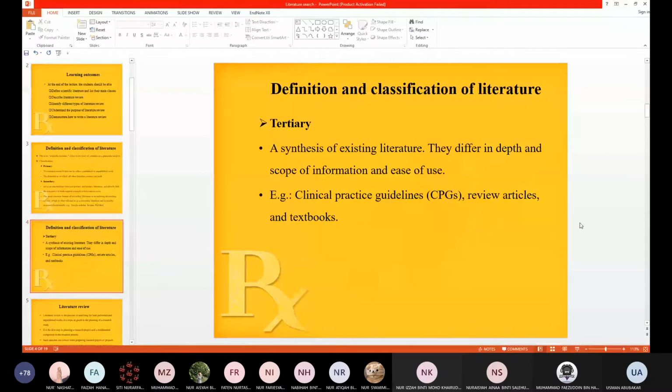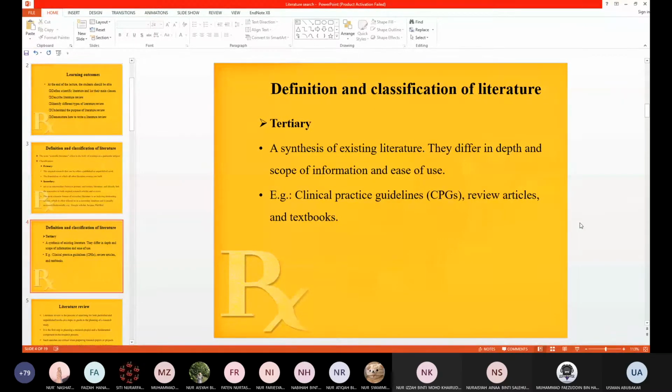The good thing about them is that they are easier to use. Why? Because all of the information has been compressed in that single source of information. You don't have to go out to look for the individual sources. Although in certain situations, you may need to read further the primary sources, and the primary sources are usually cited in these tertiary sources. So you can consult them and read more.